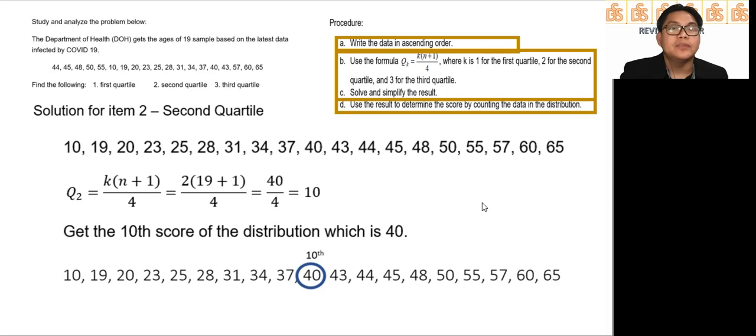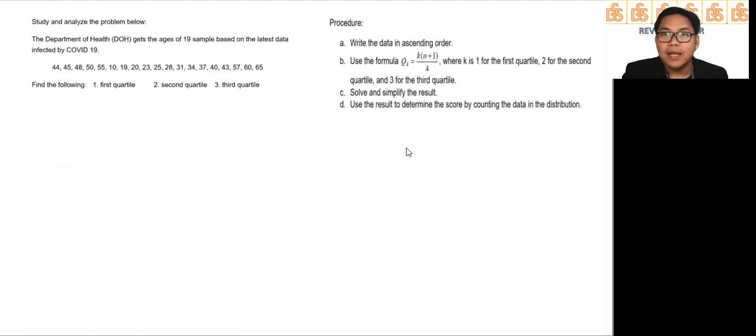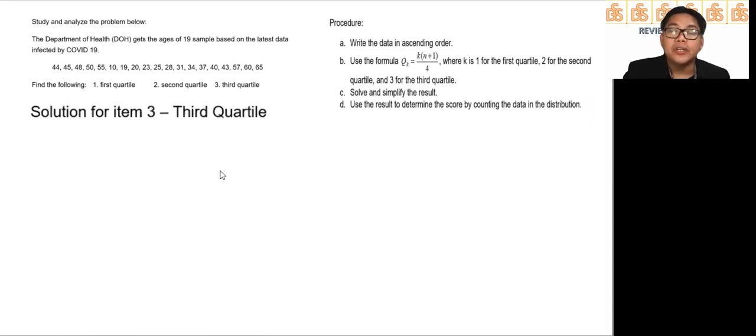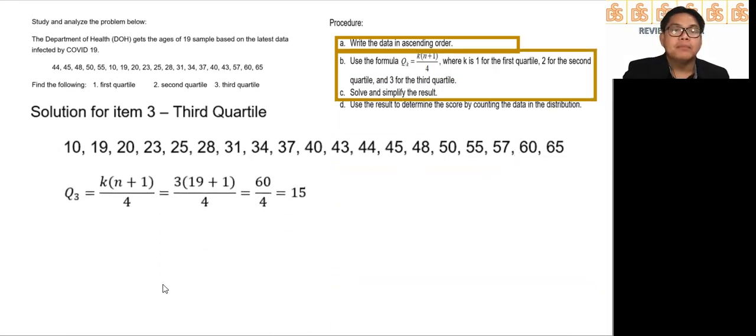Let's proceed to the third quartile. Again, the same problem, and we do the same process. We arrange the data in ascending order, then use the formula, but this time we substitute 3 for K. So we get 3 times 19 plus 1, which is 60, divided by 4 is 15.